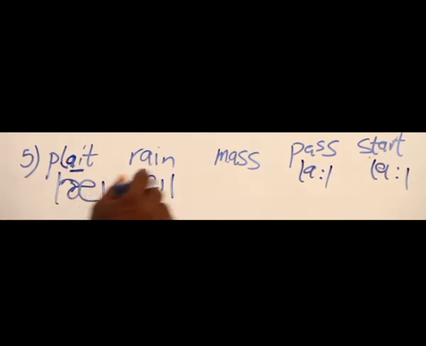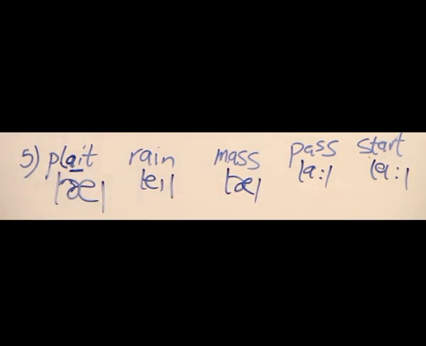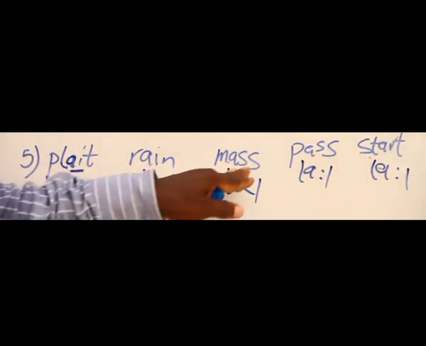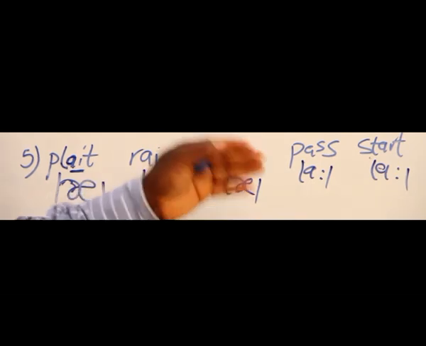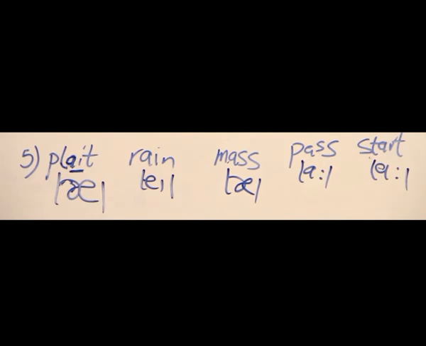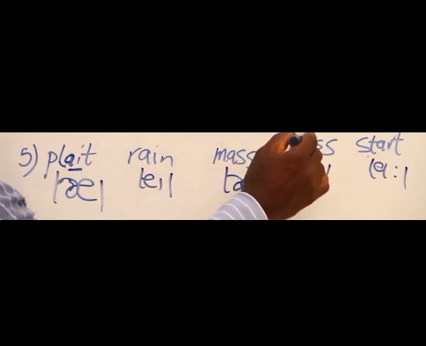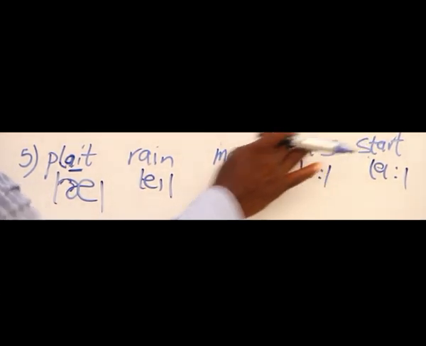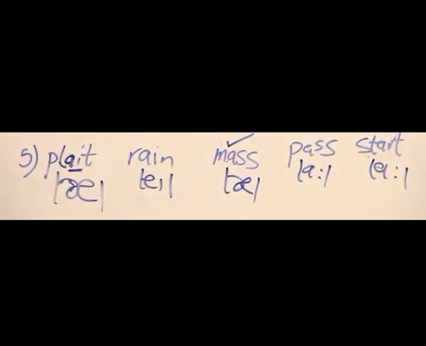It has the short sound R. So you note such exceptions when you are learning. Yes, now you have this opportunity to note that although pass has long R, class has long R, the word mass has short R. Our answer therefore in question number 5 is option B, mass, having the same vowel sound as the word plait.